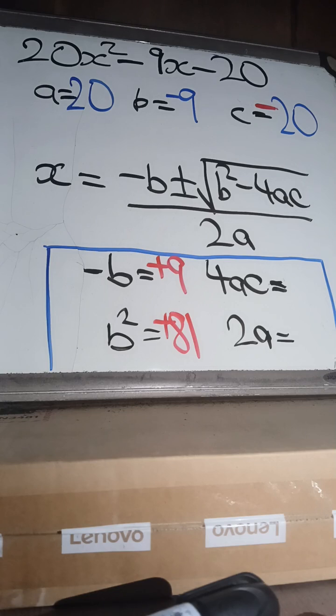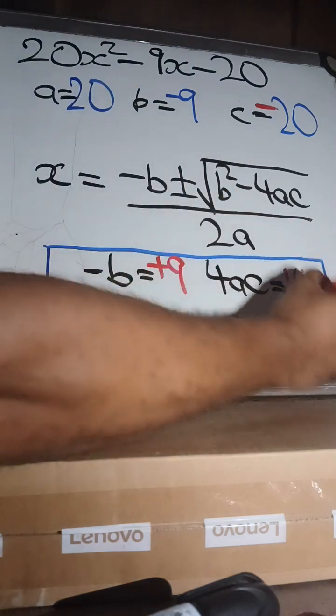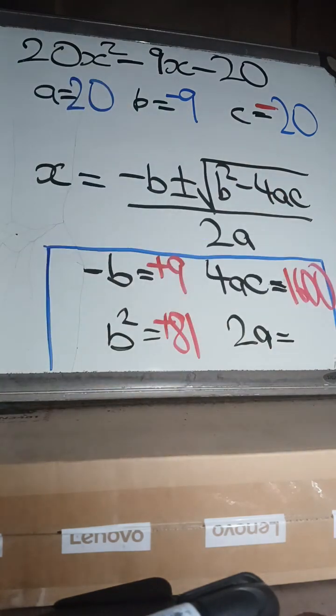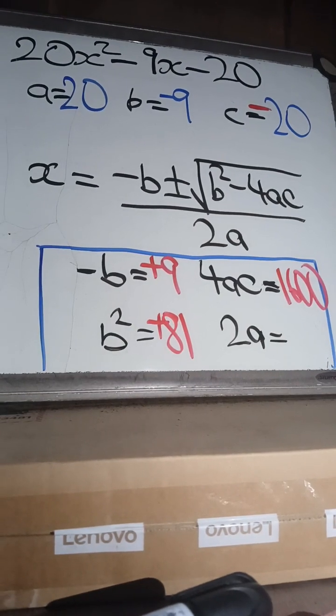So when you multiply 20 by 20, we get 400. Add 400 to 400, 800. 800 to 800, 1600. So therefore, I might be tempted to write my answer and leave it like this. Let me see if we can. Yeah, there we go.